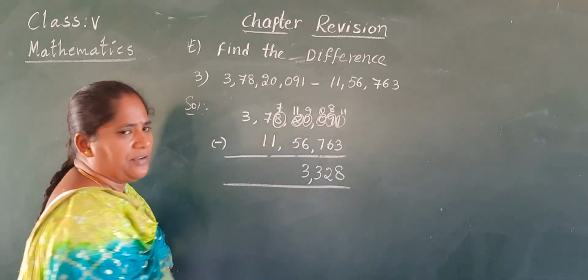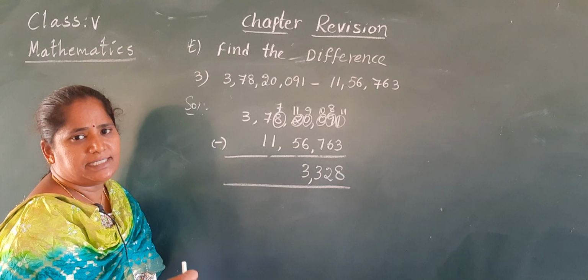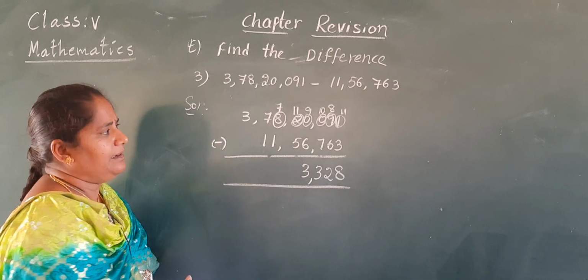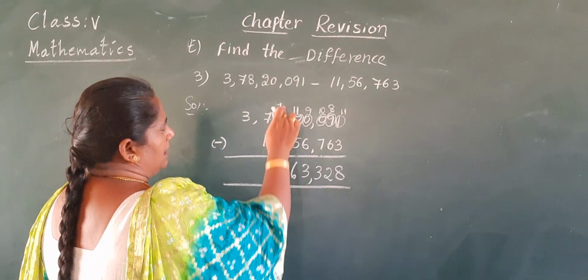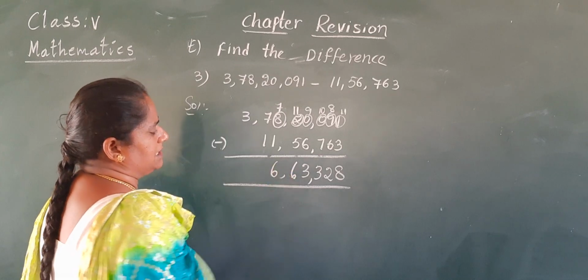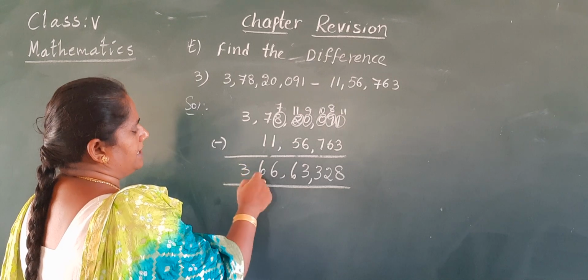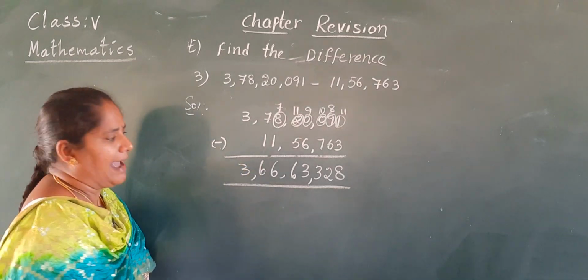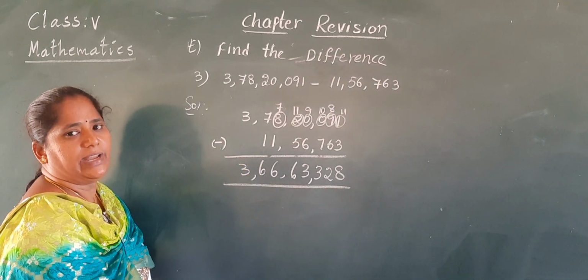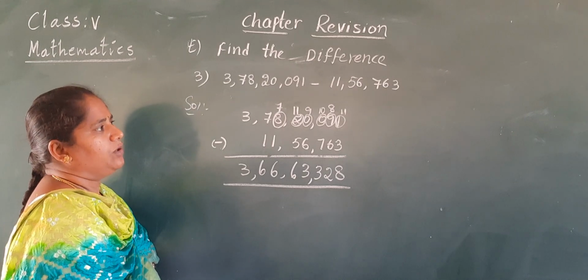Now start the counting from 5 to 11, 5 after 6, 7, 8, 9, 10, 11, 6. Number minus 1 we get the number before, 7 before 6, 7 minus 1 also 6. So the answer is 3 crore 66 lakh 63,328. Note down this, children.